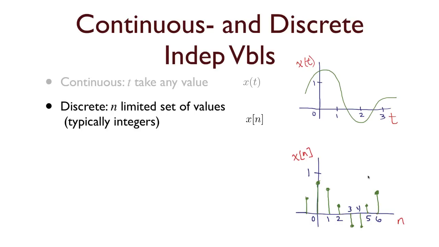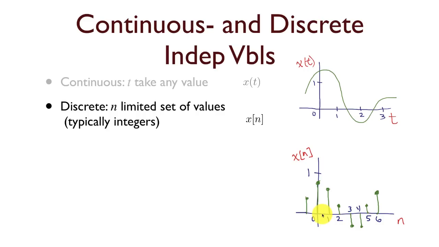In this next example here, we've got a discrete independent variable, and in this case n is limited to a particular set of values. In other words, it's not possible to look at n equal 1/2 because we've got n only on the integers, and it's only at those values that the dependent variable x is defined.